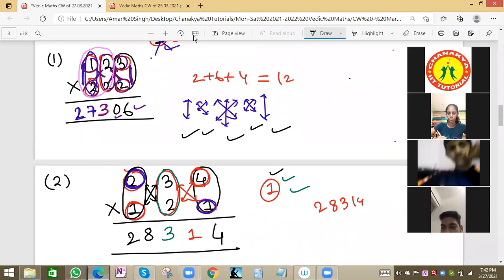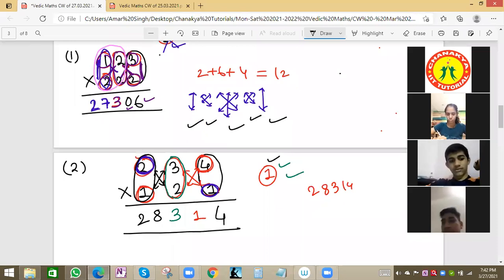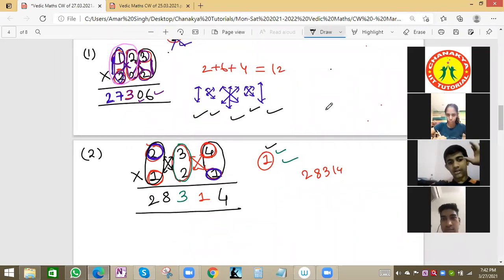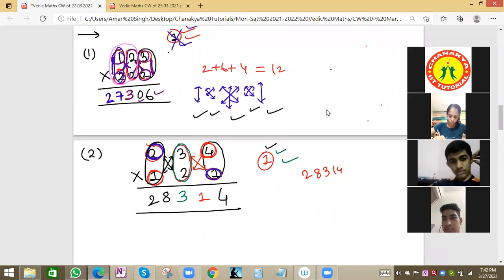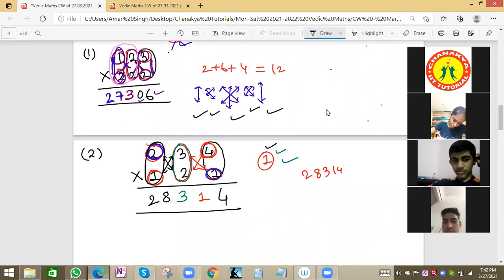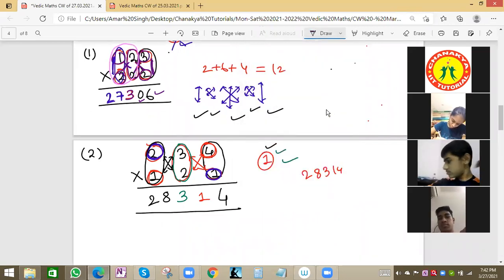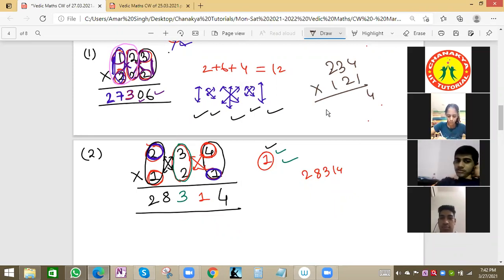Okay, we'll see some questions. Please note these two values. Now let's start with one question. This is a lengthy process, right? Actually, it is a little lengthy because values are also lengthy. If we remember our traditional method, what was the method basically? 2 3 4 times 1 2 1. 4 3 2, 8 6 4, 4 3 2, then addition.